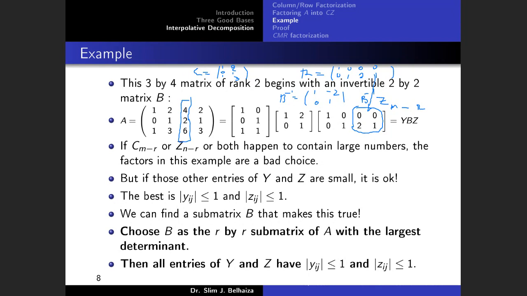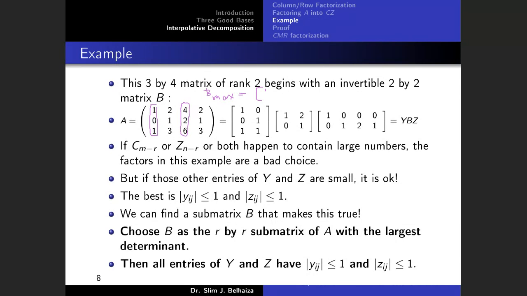One of the last things we've seen last time is that if you focus again on this matrix, if you want to choose the best columns, those that give you the submatrix B with the highest determinant, B max would be composed of these two columns.